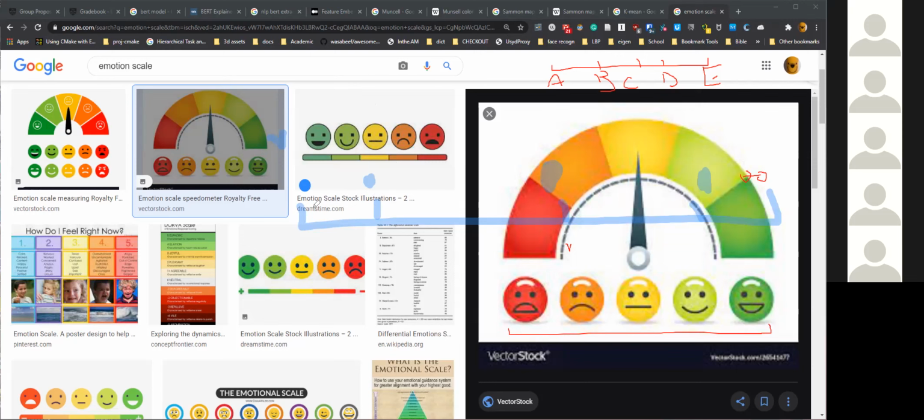So he's trying to investigate the distance between different emotion values, whether very happy and happy is further away than the other thing, or if it's closer. So this is just the motivation, the reason for doing this.